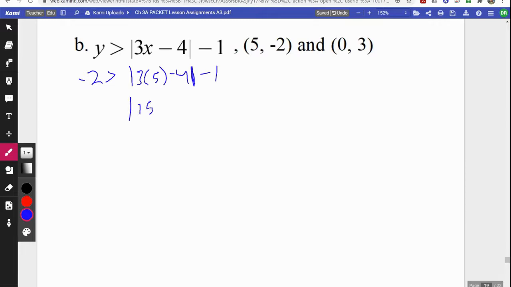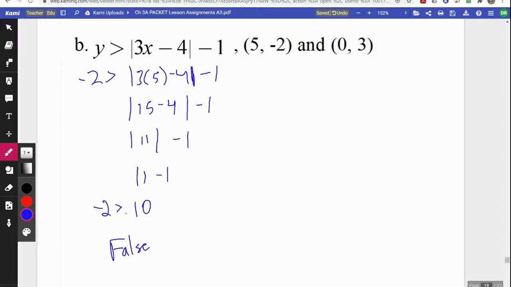This is 15 minus 4, and then -1 outside the brackets, which is absolute value of 11 minus 1, and then absolute value of 11 is 11. So we can just throw away the brackets, it stays positive. 11 minus 1 is 10, and greater than. So -2 greater than 10. True or false? False. Okay, that's not true.